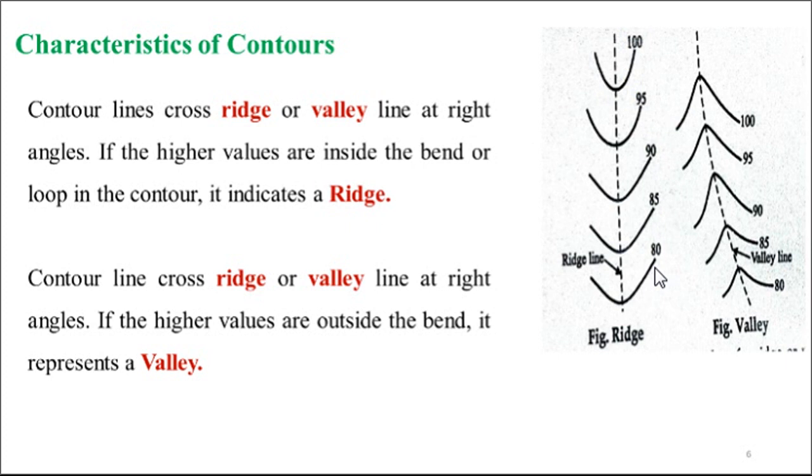If the higher values are inside the loop, then this topography is called a ridge. If the higher values are outside the bend, it represents a valley. Now see here, 100, 95, 90, 85 and 80. Higher values are outside. That's why it is called a valley.